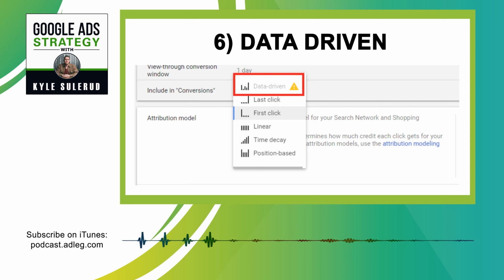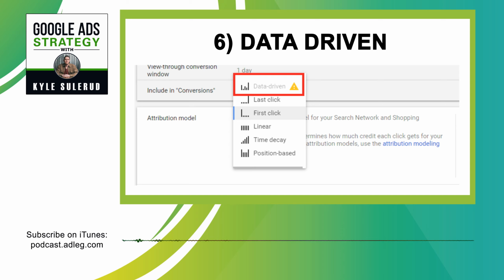I would use any of the other ones instead of data-driven because there's no real way to know how accurate this is. You're going to see certain clicks being weighted with different numbers, different weights, but you don't really know why a certain click was weighted over another one.